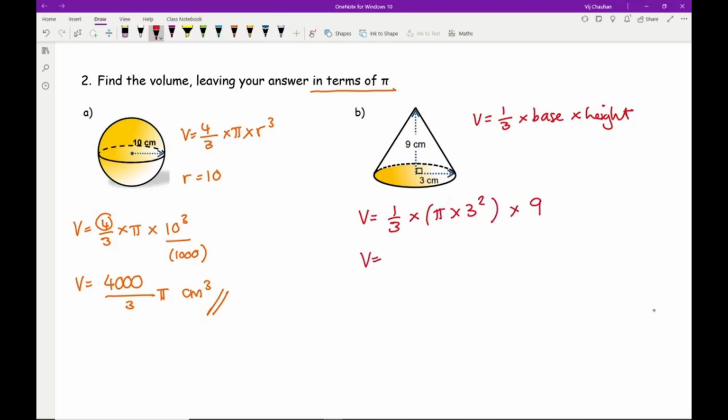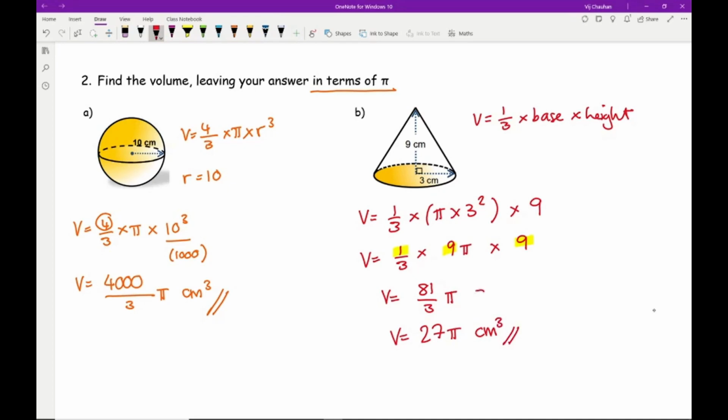If I simplify that, I've got 1/3 times 9 pi times 9. From here, I can multiply these numbers together: 9 times 9 gives me 81, and then I have that over 3, times pi. Then check, can I simplify 81 over 3? Yes, I can. That becomes 27 pi, and then don't forget the units, which is centimetre cubed.